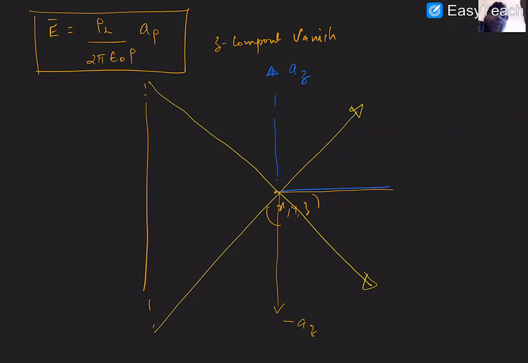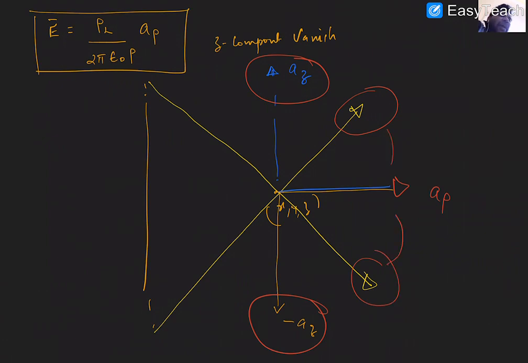So these two components, az and minus az, will cancel each other, and you will get the component a rho, which is the vectorial sum of these two, which will add to form a rho. So this is going to happen. So finally you will be getting an equation like this. Okay, I hope it is clear to you.